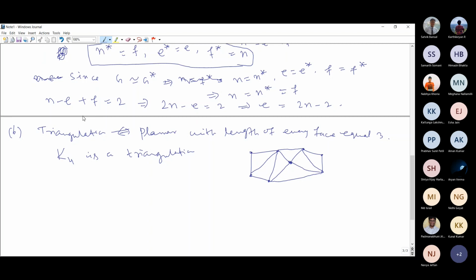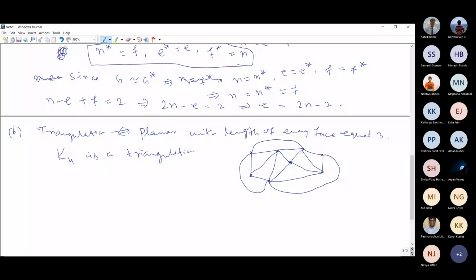Triangulation means a simple graph, right? And this is not yet a triangulation. We can have some more edges without disturbing the planarity of this graph. The length of the outer face is not equal to 3. You see, the boundary of the outer face still has some more.